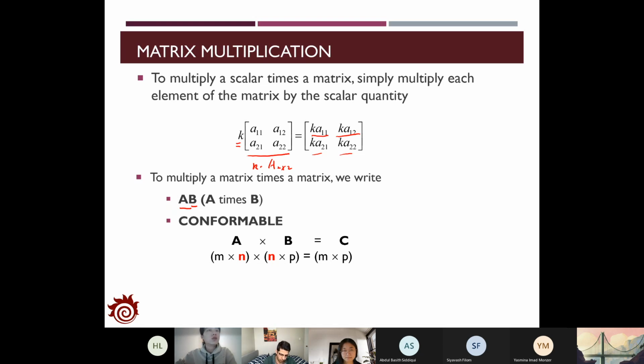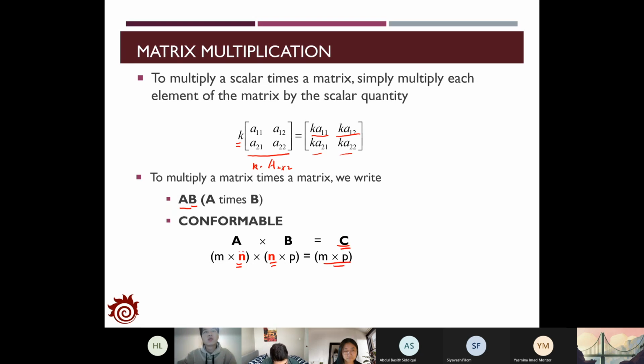If we want to do the product of A and B, we need to make sure that the number of columns of matrix A is the same as the number of rows of matrix B. So in this case, A has a dimension of m times n, B has a dimension of n times p. And by this product, you get a new matrix, C, with a dimension of m times p.